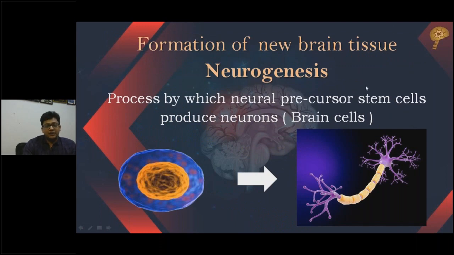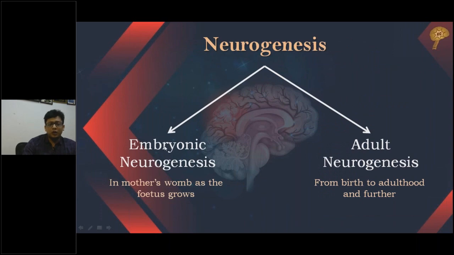Neurogenesis is the formation of new brain tissue, the process by which neural precursor stem cells produce neurons. So this is one neural precursor stem cell producing a brain cell. It can be embryonic neurogenesis, which happens in the mother's womb as the fetus grows, and it can be adult neurogenesis from birth to adulthood as a child develops.